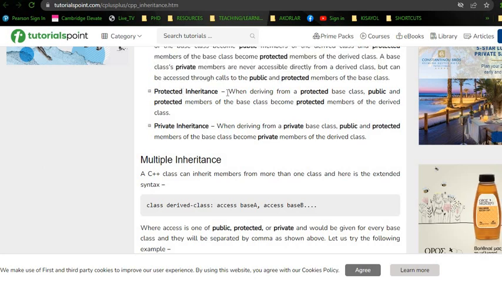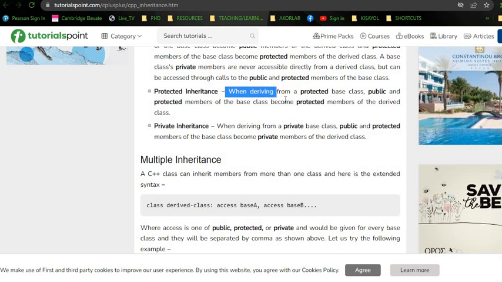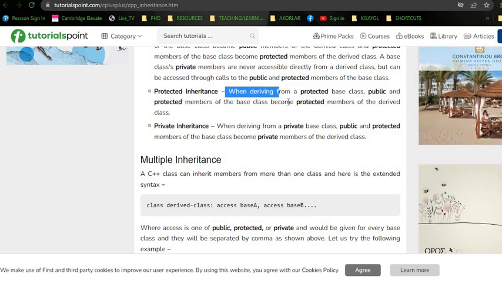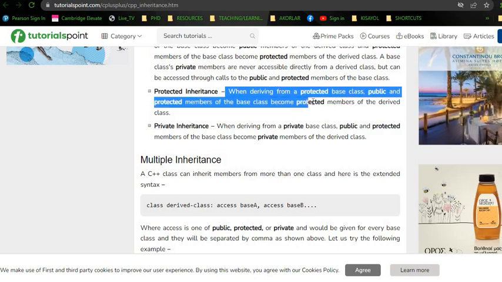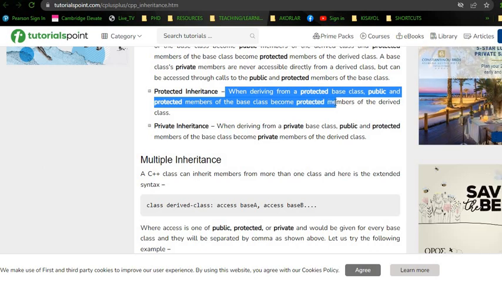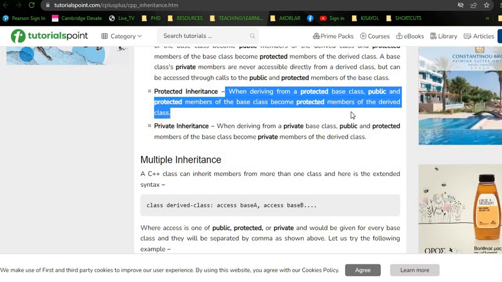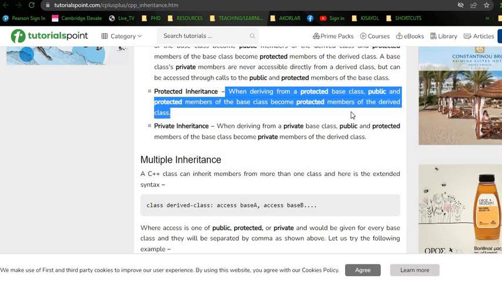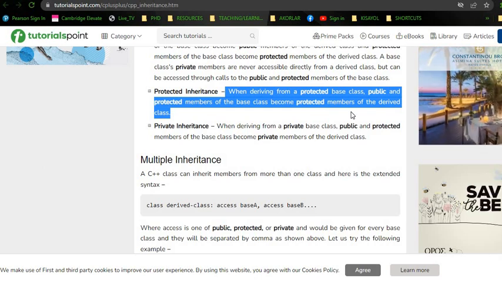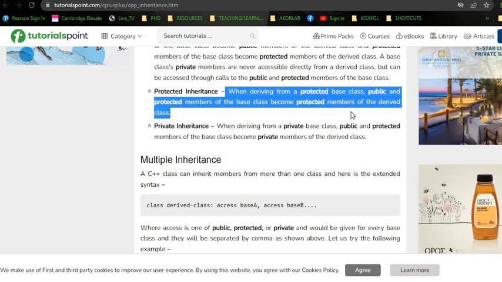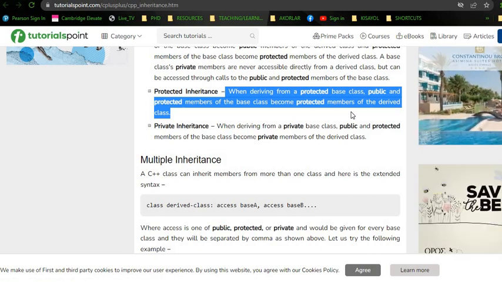Protected inheritance: when deriving from a protected base class, public and protected members of the base class become protected members of the derived class. So actually it is not changing the type of inheritance so much, because when it is protected we can still have access.